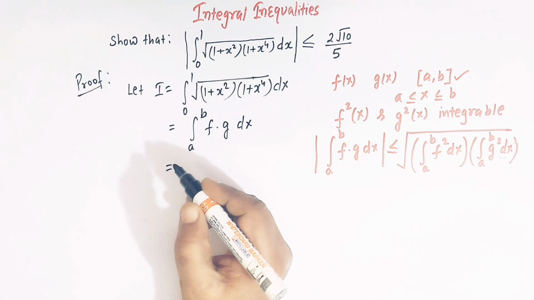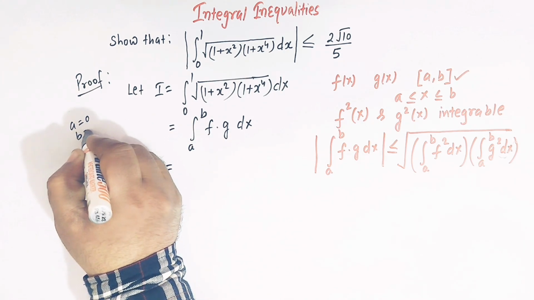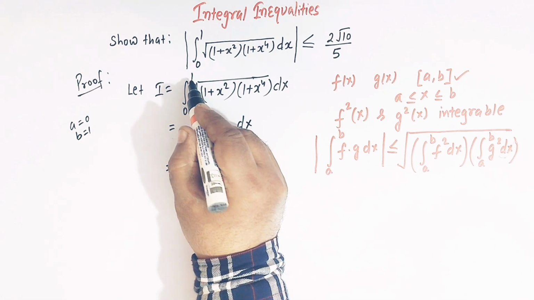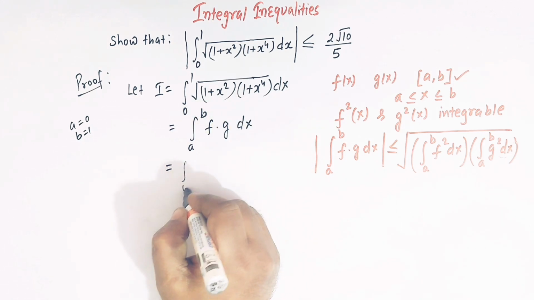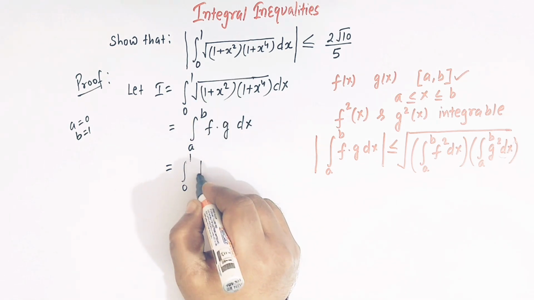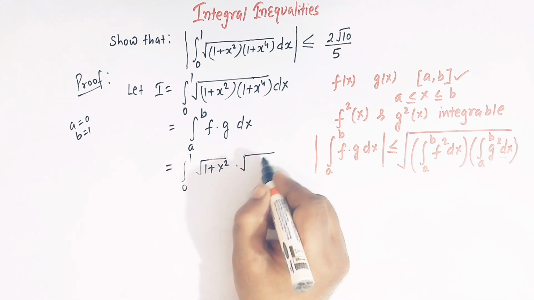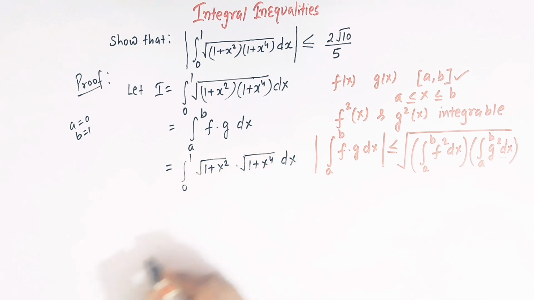Here a is 0 and b is 1, so the lower limit is 0 and the upper limit is 1. So we can write the integrand as the integral from 0 to 1 of square root of 1 plus x square times 1 plus x raised to 4 dx.